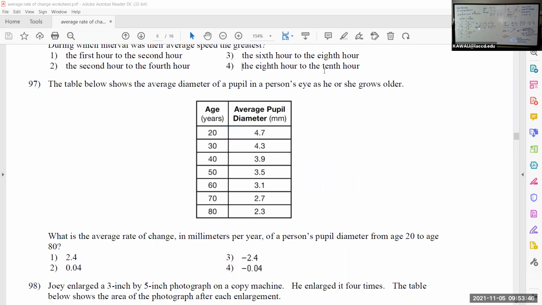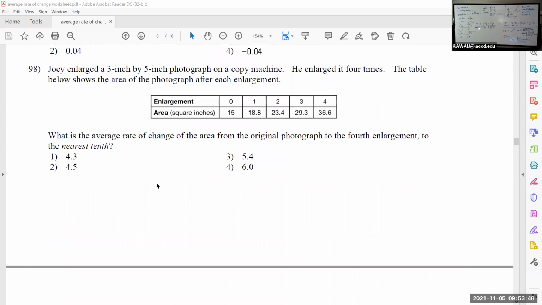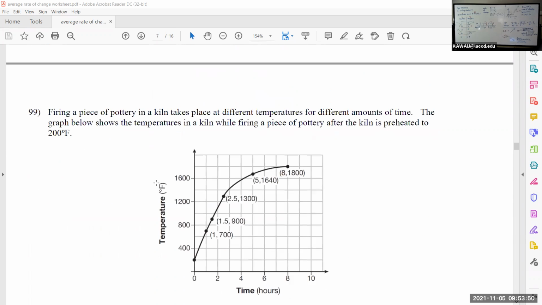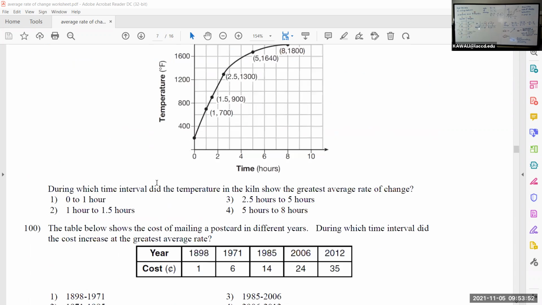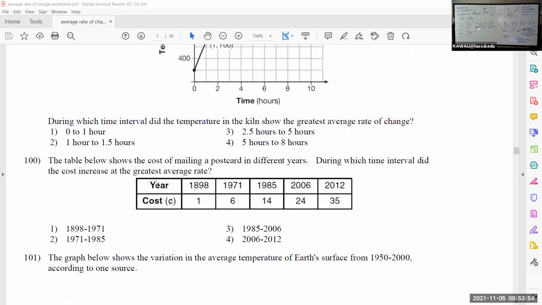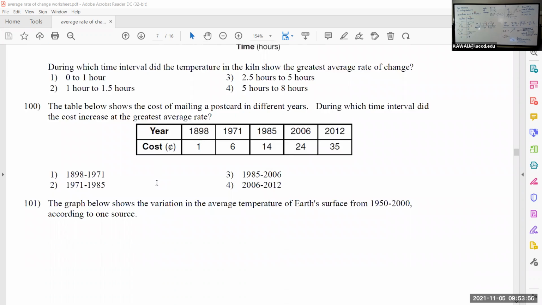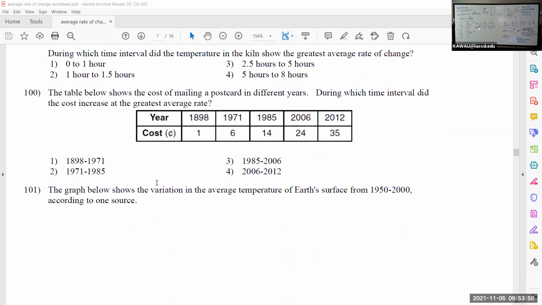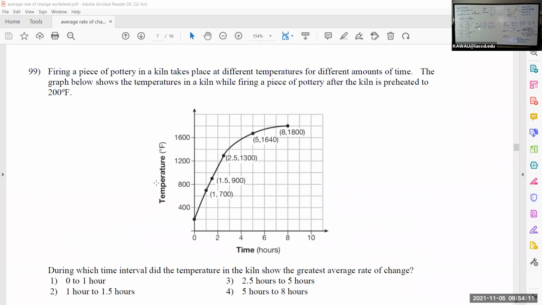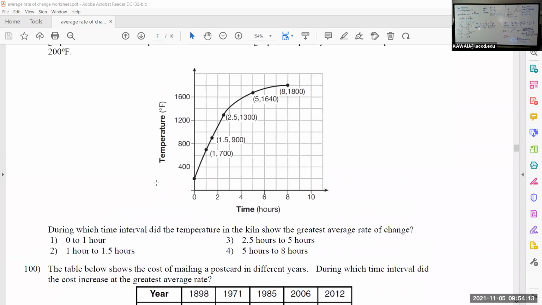Then let's do one more question. So let's find a good one. Let's try number 100. Oh, that one's hard, that one's time consuming. Let's do this one.